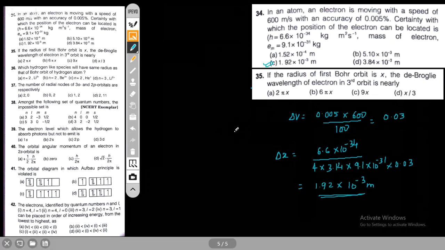Question number 35. Tell me. 35, Ramchandran is getting B. What about others?